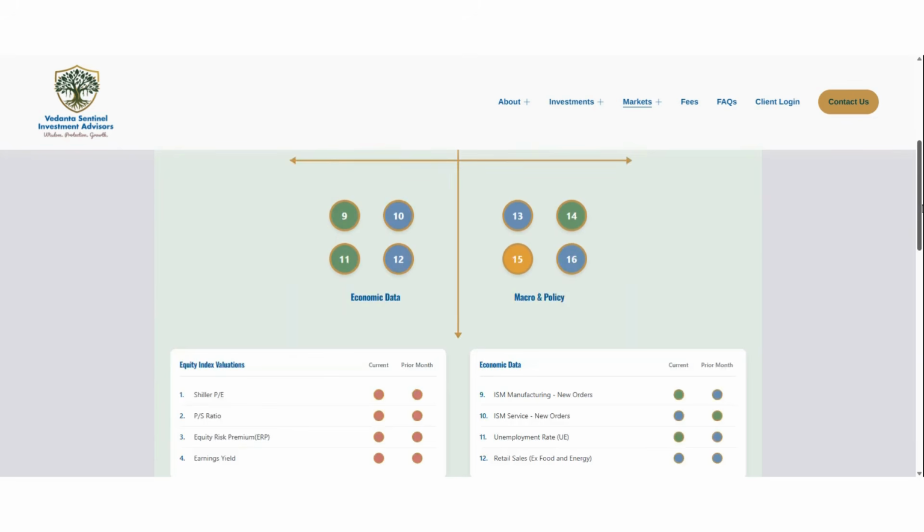One important disclosure before we proceed forward. The monthly market indicator dashboard here on our website is provided as an open tool, a resource to our clients and visitors. It should be used for informational and educational purposes only and should not be used as a basis for making your investing decisions.